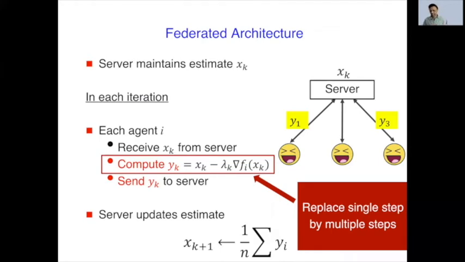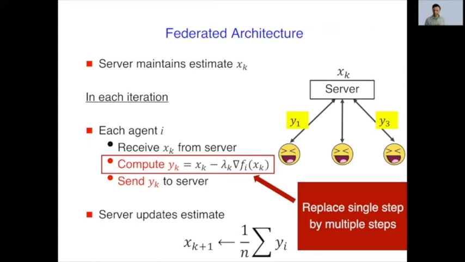Now, if you do it this way, then of course the two algorithms are not equivalent anymore. And in fact, just taking multiple steps like that, perhaps the gradients we use don't have to be the full gradients or exact gradients. They could be stochastic gradients. And the stochastic gradients are random, right? Because these are drawn from some distribution, and the randomness is not known to the server in general.